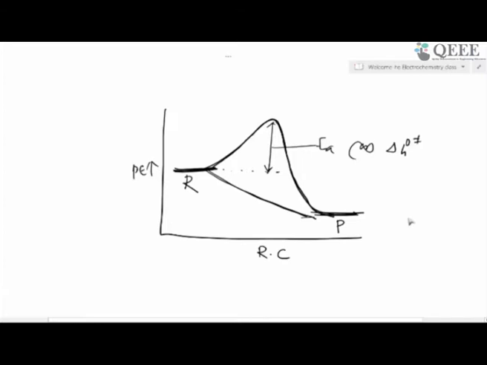In case of hydrogen and oxygen, at normal temperature and pressure, it will not be able to cross this barrier. That means the reaction is kinetically limited. Kinetically limited means thermodynamically it is allowed, but it is not happening because at normal temperature and pressure, the amount of energy it gets from the environment is not sufficient to scale this barrier. That means activation energy is much higher for this process, hence you do not see formation of water at ordinary conditions.